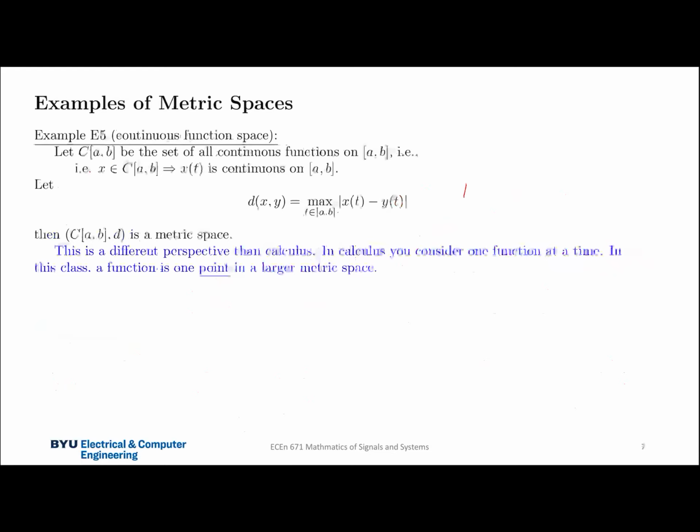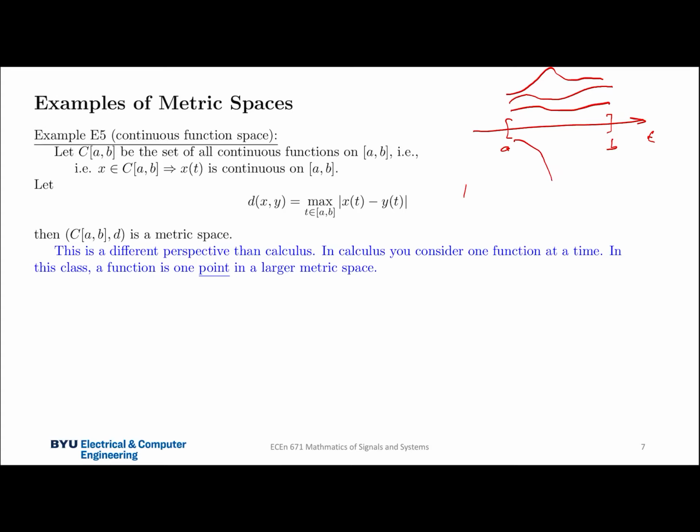Another example of a metric space is the set of continuous functions on AB. So think of time, and A, B could be equal to infinity, or they could be simply finite numbers. And now we're going to think of the set of functions. There's a continuous function over AB. There's another one.